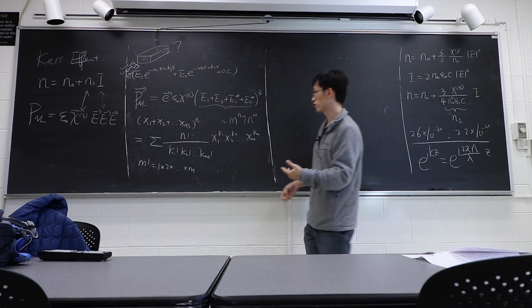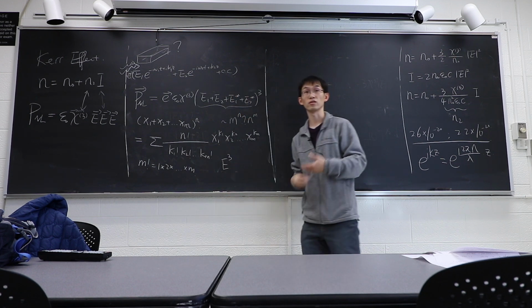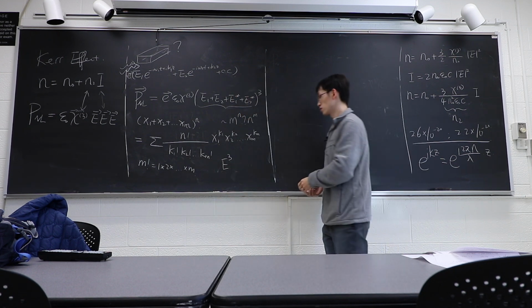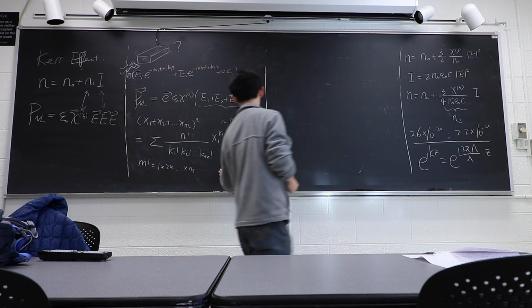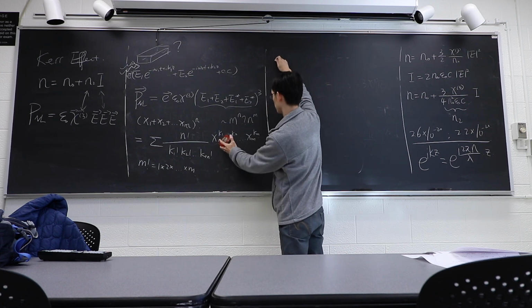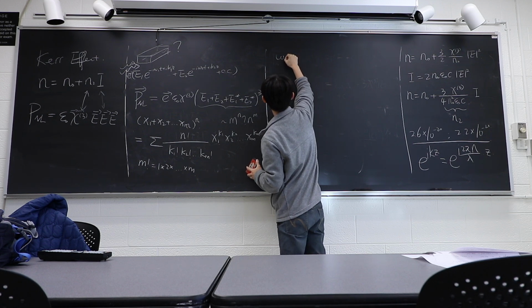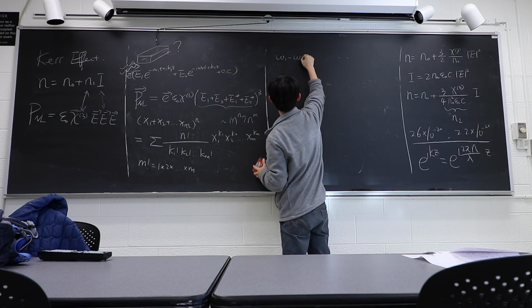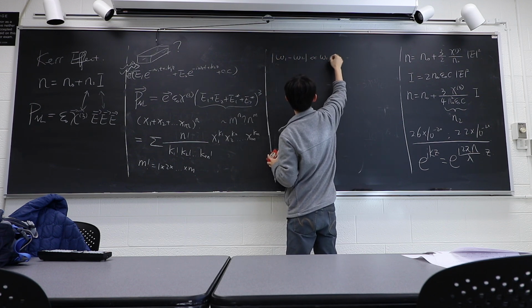If you have E2 third, then you need to care about the phase matching condition. So we want, say, omega 1 minus omega 2 much smaller than omega 1.